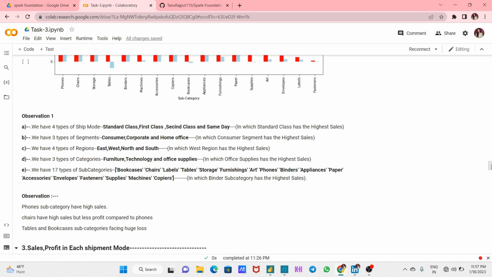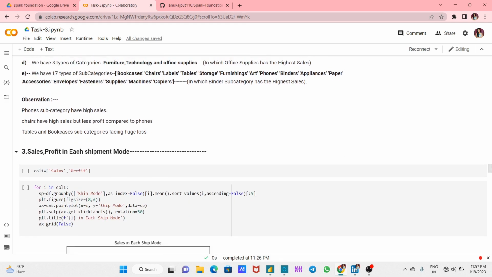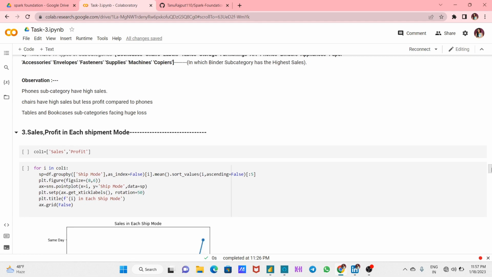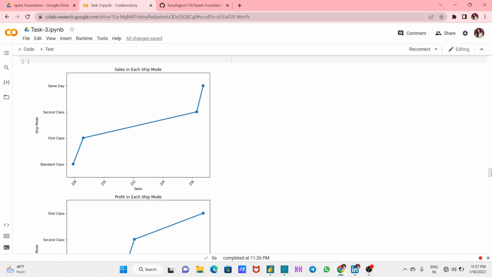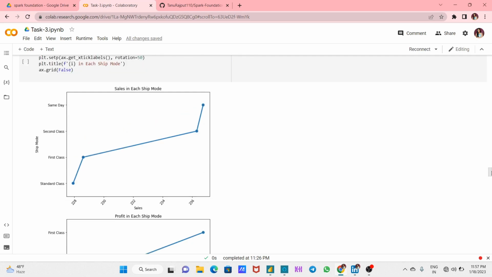Now let's visualize sales and profit with respect to each shipment mode, which are here, like first class, same day. Here according to sales, we have higher sales on the same day ship mode in comparison to other ship modes.